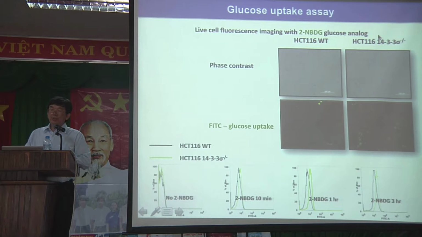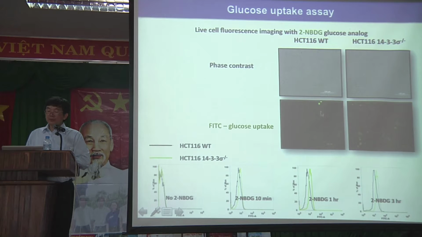So to look at glucose uptake, you can use a glucose analog that is fluorescent. This is a deoxyglucose analog, 2-NBDG.